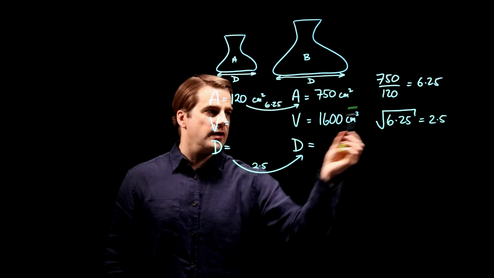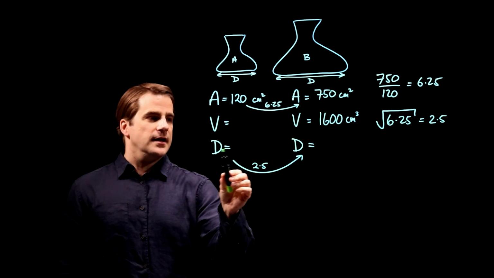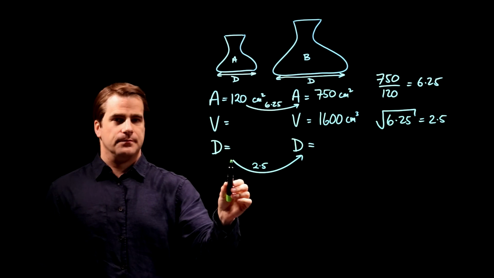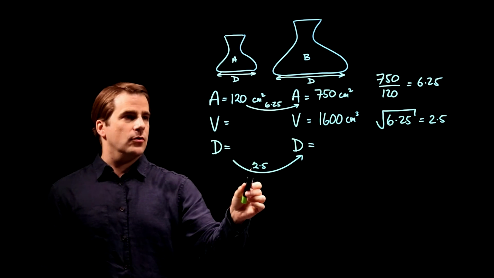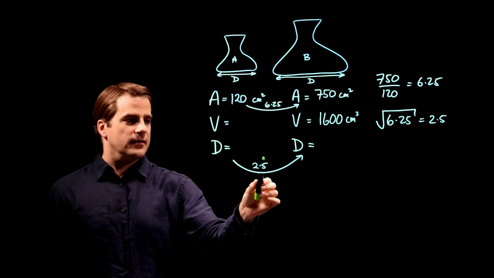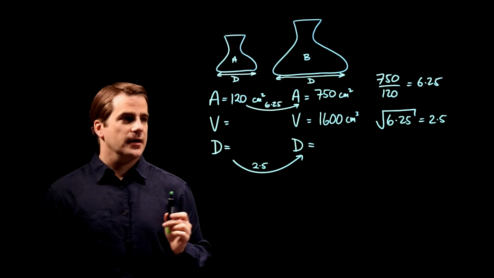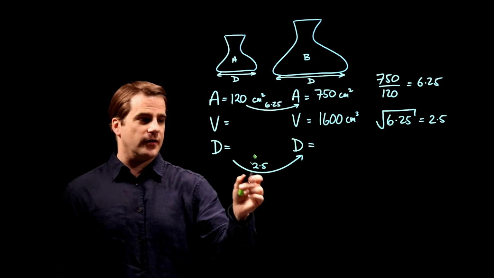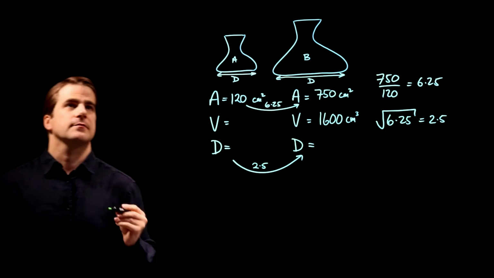The reason you take the square root is because the linear dimensions, such as the diameter, if you know that scaling factor, the area always scales with the diameter scaling factor squared. And that's why we took the square root of 6.25 to go in the opposite direction. What I'm talking about is this.